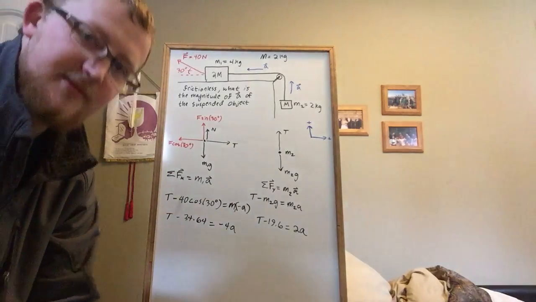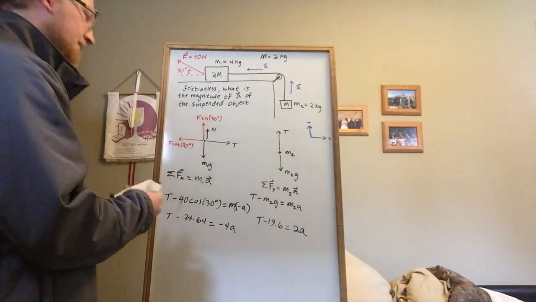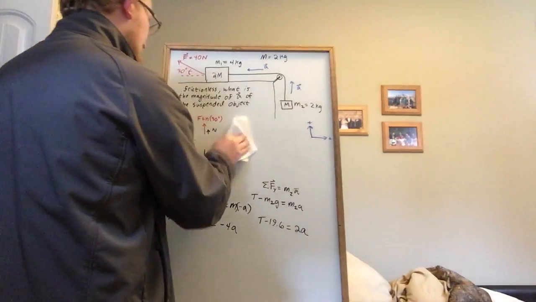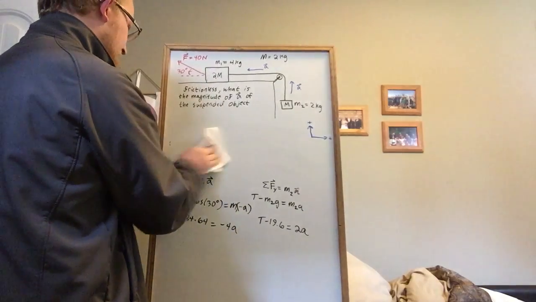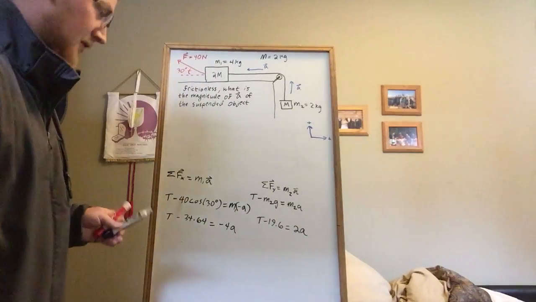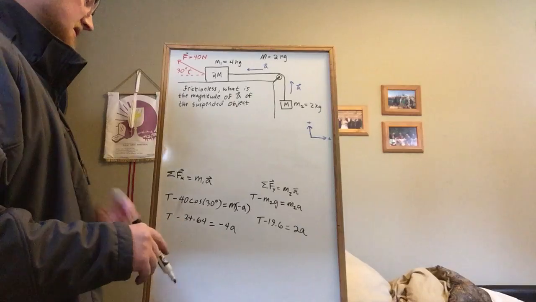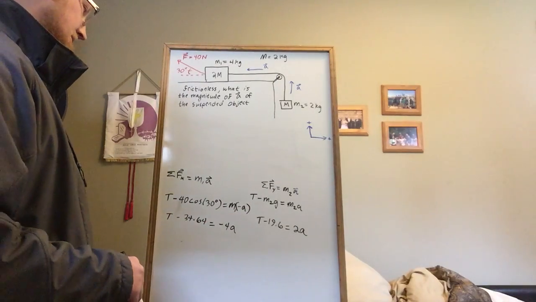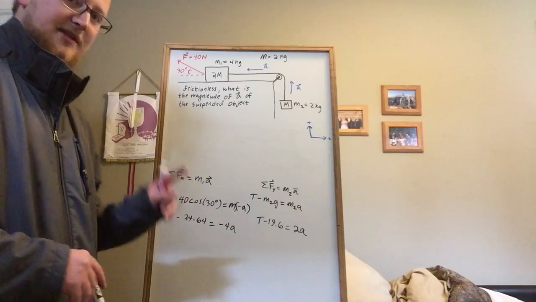At this point, I'm going to free up some room with my free body diagram, because now it's all going to be algebra. We could use elimination or substitution. We're solving for acceleration, so I'm going to use elimination.